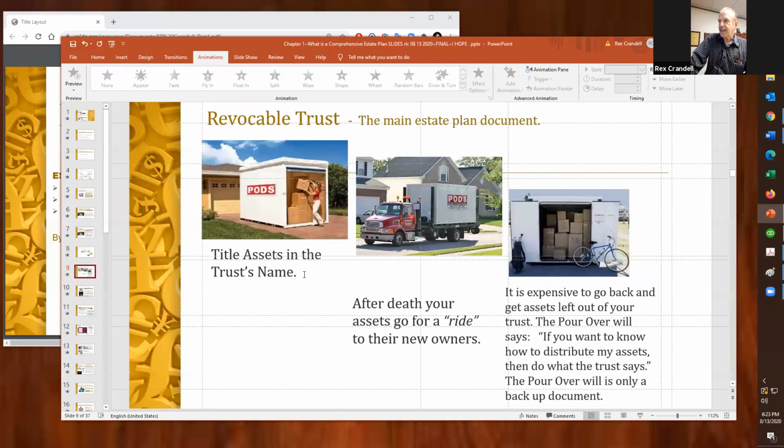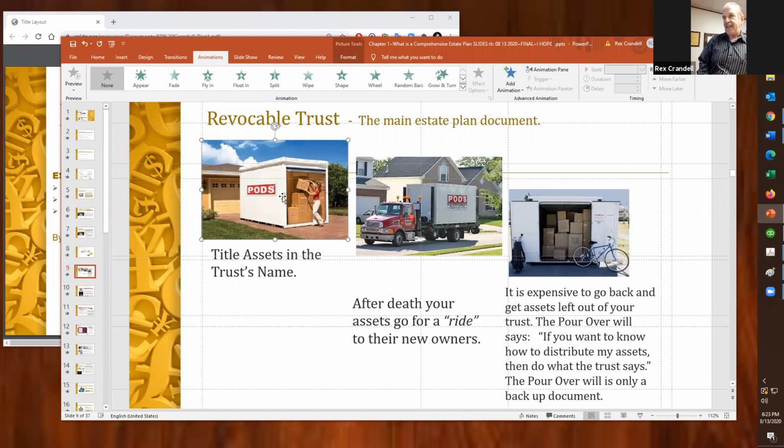Okay, so a metaphor for the trust process is to consider all your assets to be in a pod. The pod is what they use oftentimes for moving people these days, and basically there is a similarity in that you put all your stuff in the pod before you move.